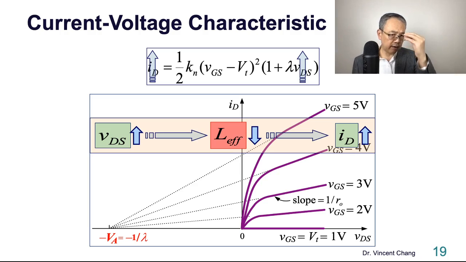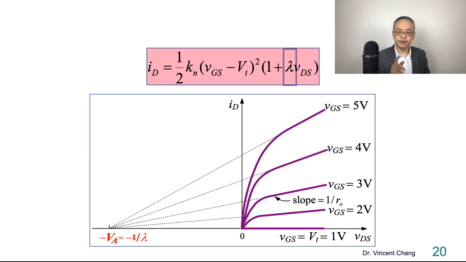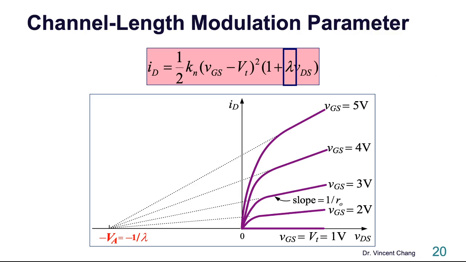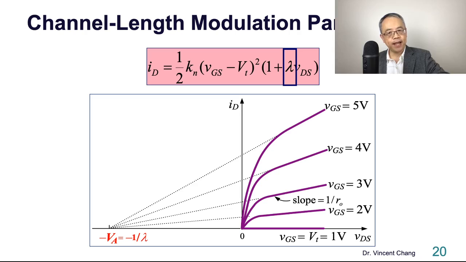But when lambda is large, that means the effect is stronger. So lambda is called the channel length modulation parameter.